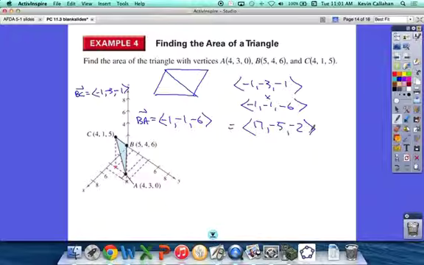Okay, so if that's the cross product, then the magnitude of that is the square root of 17 squared plus -5 squared plus -2 squared. Now, hopefully I didn't already make a big mistake there. 17, 5, it's all correct, which is the square root of 318.